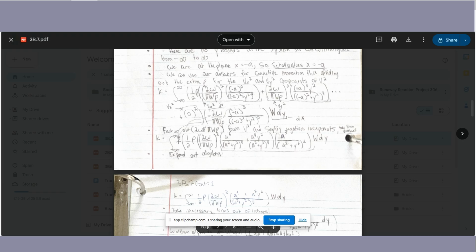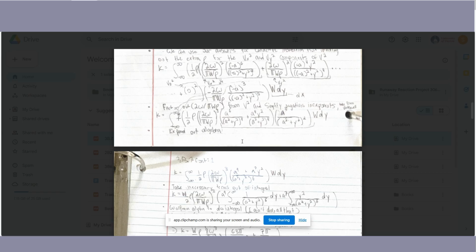Factoring out the integrating terms, which is anything that's not multiplied or added to y. It's things that you can separate from y with multiplication or division. That's how you know you can separate it out.